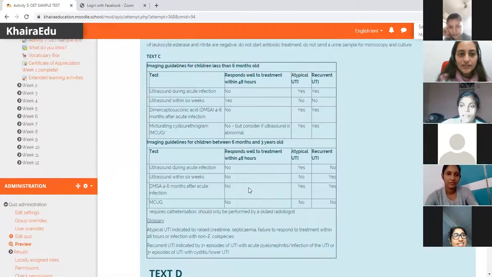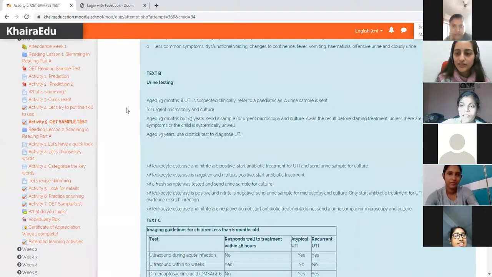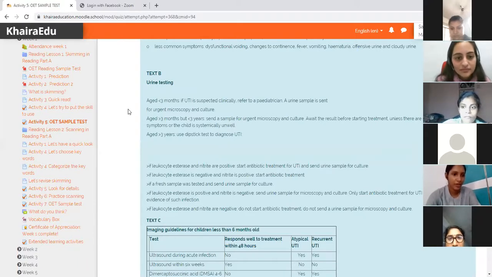So where did you think that the answer lies there? Could you tell me where you located it in text B? Because this is for your understanding only. Text B is diagnosis of urinary tract infection. Then after that, in text C, there are other options like ultrasound.